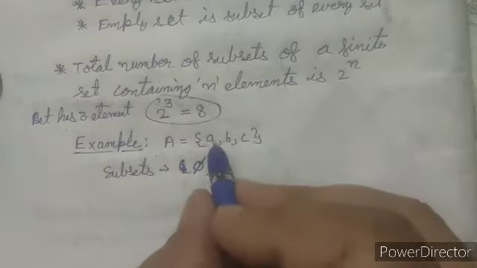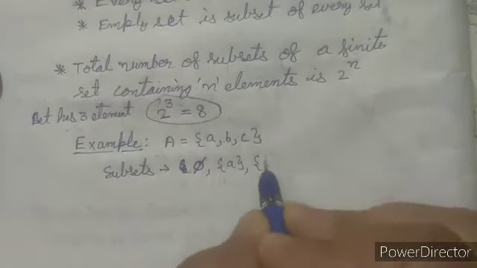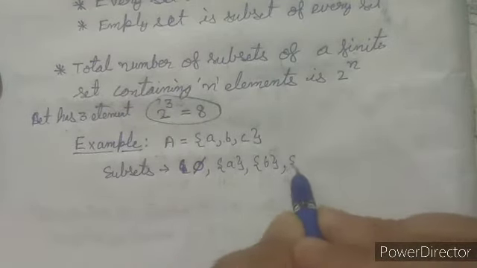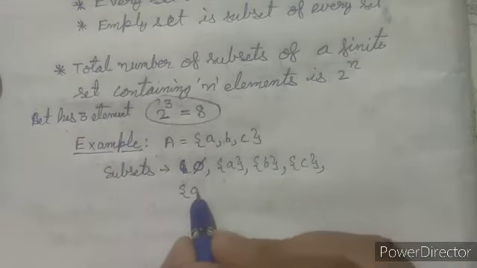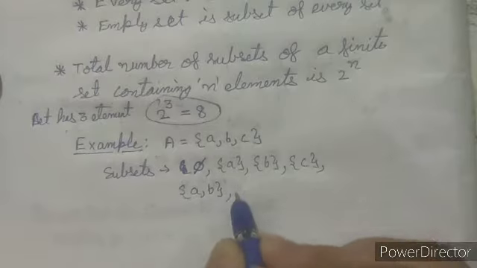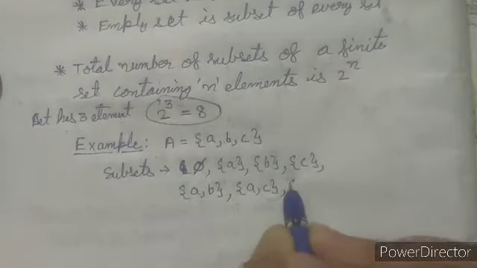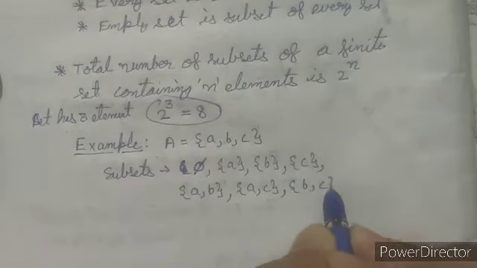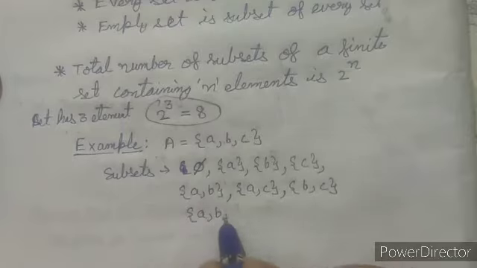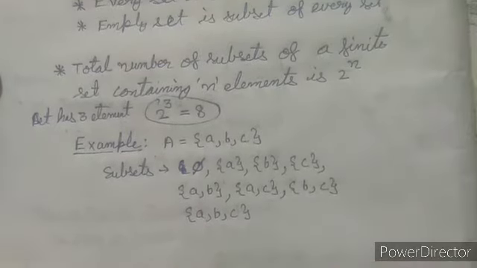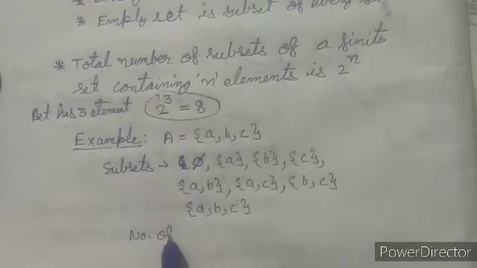Then we take a single element as a set, and these will be its subsets. Now taking 2 elements at a time, we get the sets {a, b}, {a, c} and {b, c}. Now as every set is its own subset, {a, b, c} will also be its subset.